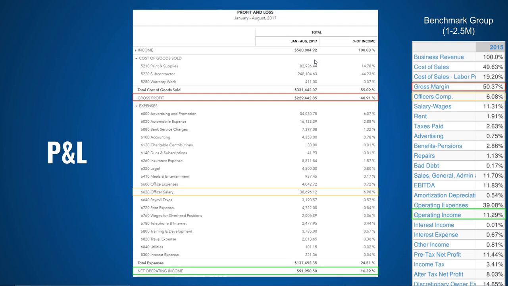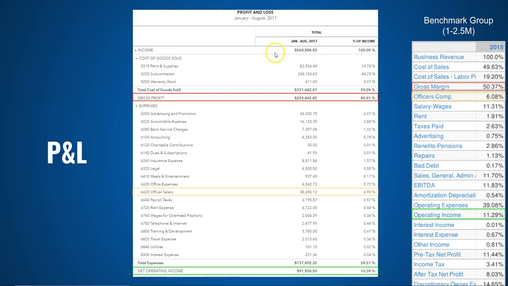Now, a couple notes on revenue. Depending on how you run your profit and loss, it's either going to be based off of what you've invoiced so far in the year or what you've collected in cash. And this is determined by whether you're running an accrual profit and loss or a cash profit and loss. Most of the time, QuickBooks Online defaults to accrual.